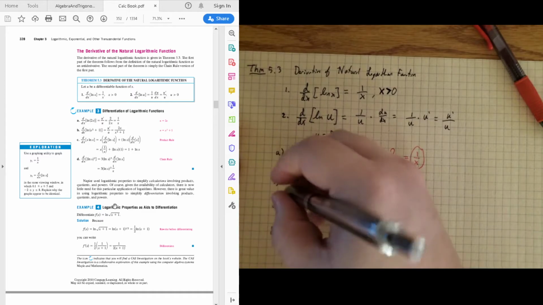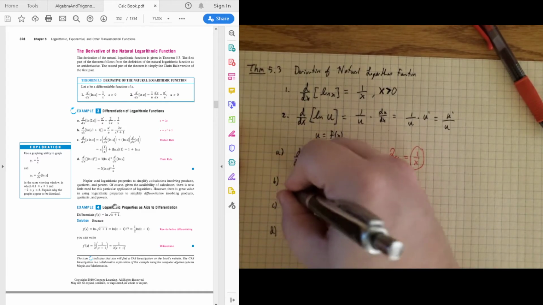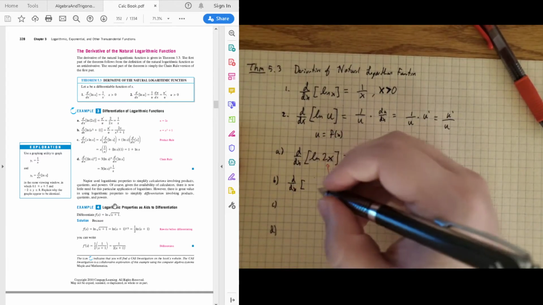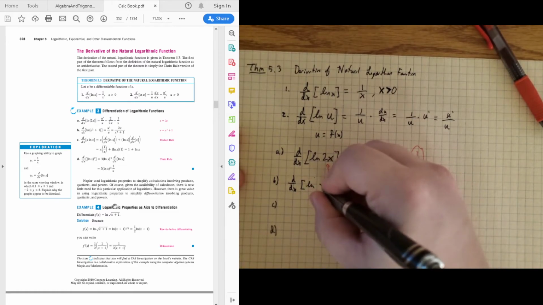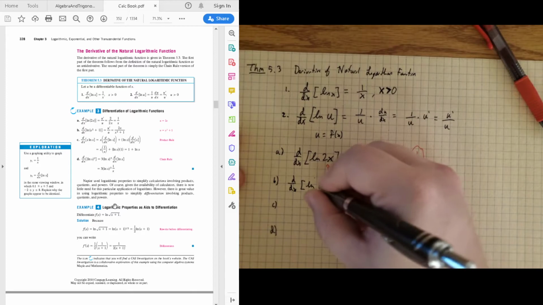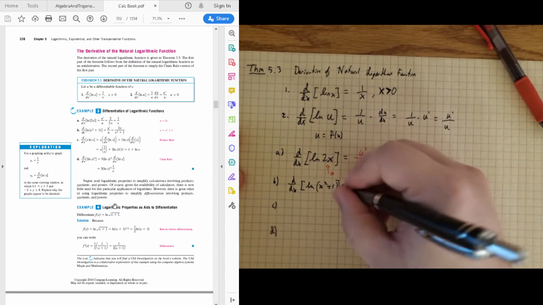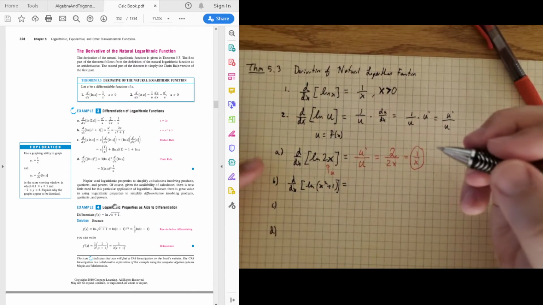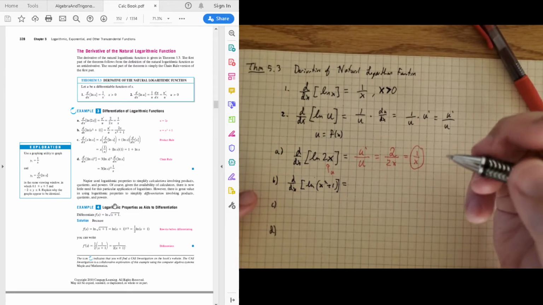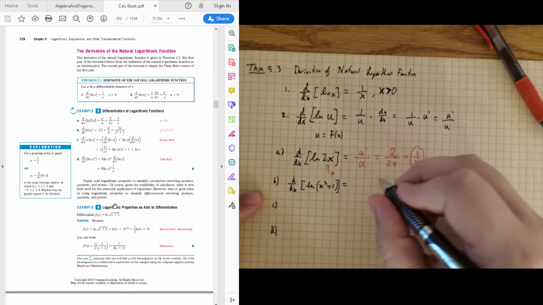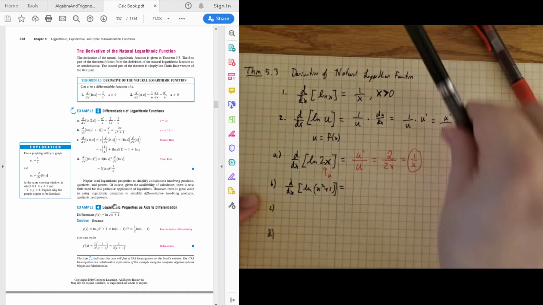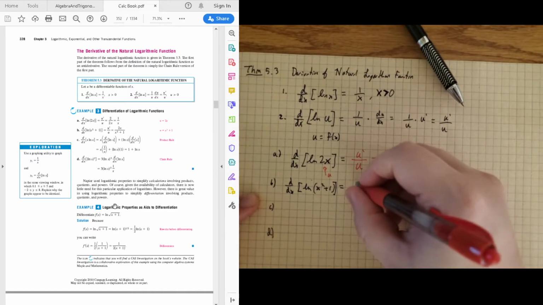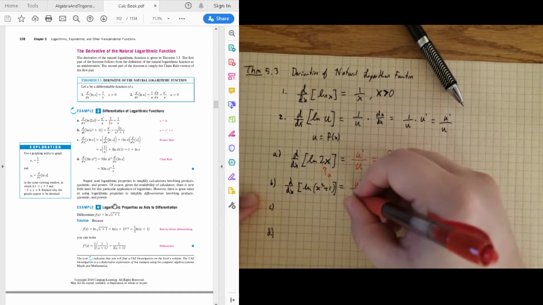B, the derivative with respect to x of ln of x squared plus 1. Notice how this can't be expanded any farther. So this is actually a good place to leave it. And so what I'm going to do now is take the derivative. So again, it's going to be u prime over u.